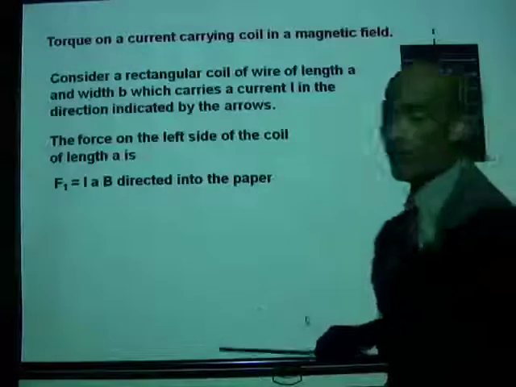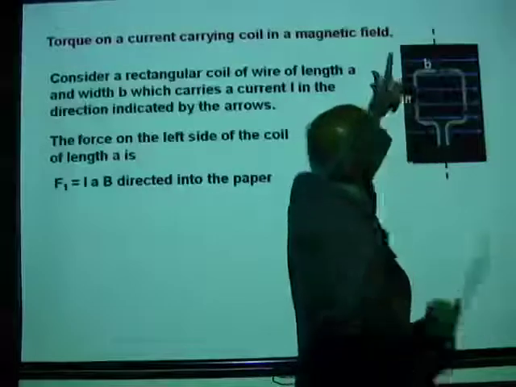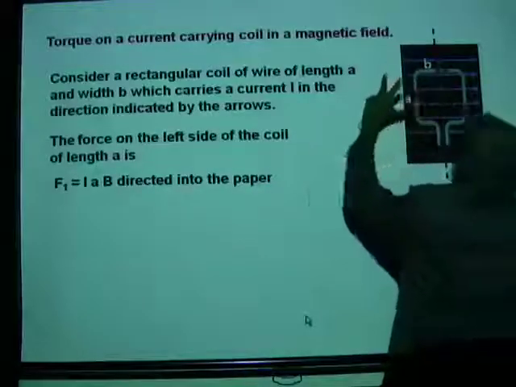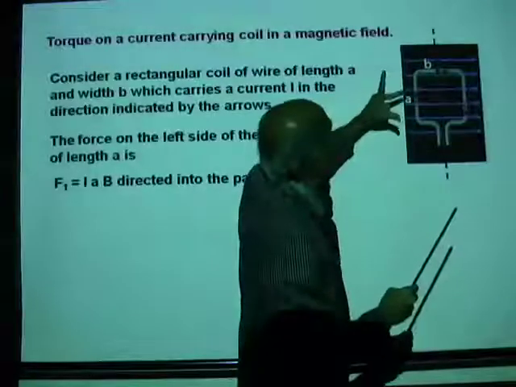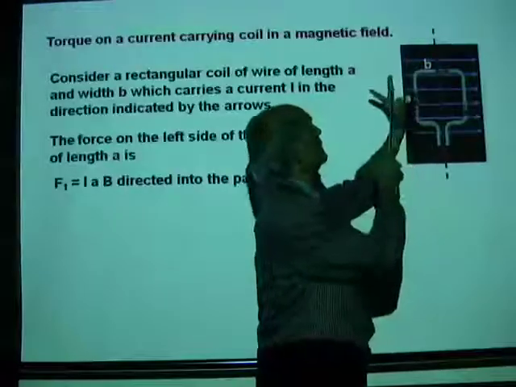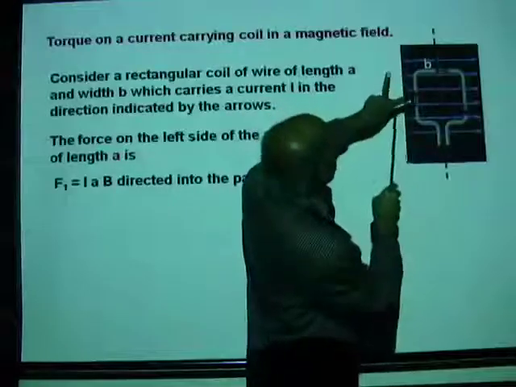Now, how do you find that direction? Look at that again. The current is upward. The direction, can you follow what I'm doing here? That is the direction of the current upward. The field is that way.